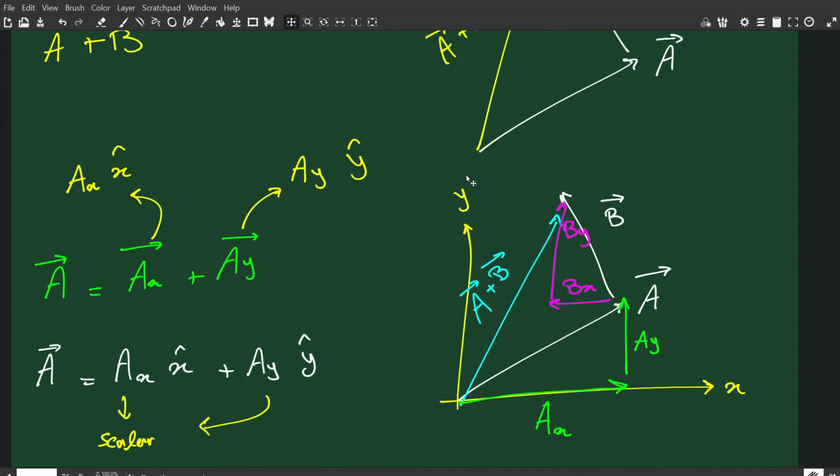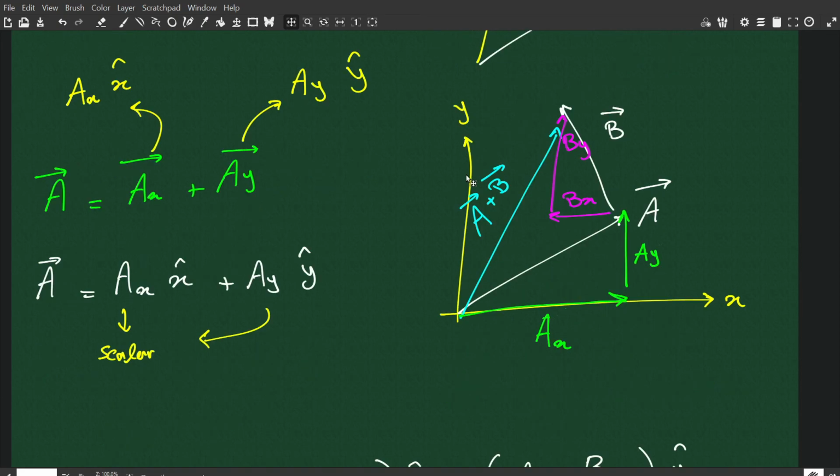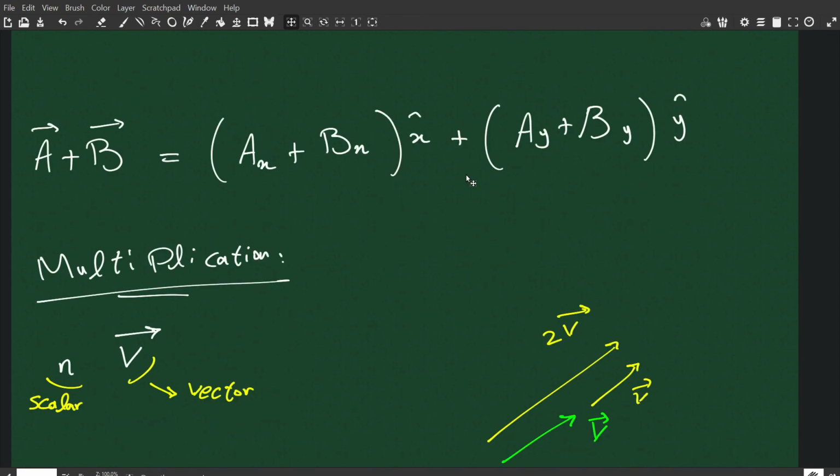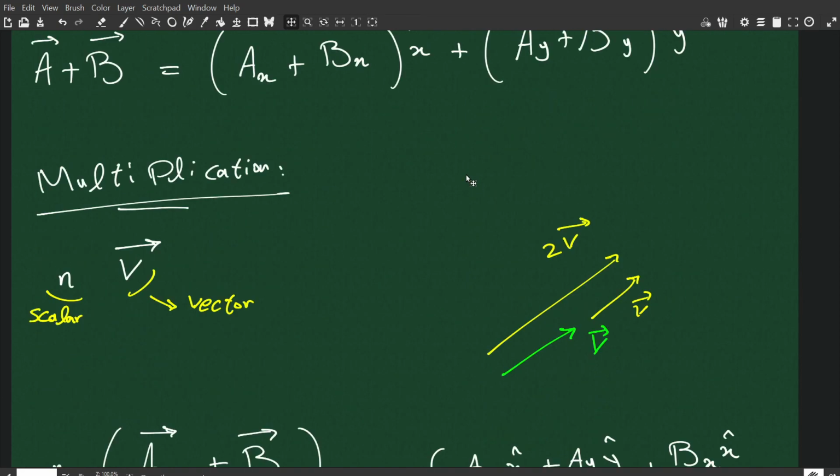Then we broke down a vector into scalars and directions in Cartesian coordinates. And then we got into multiplication.